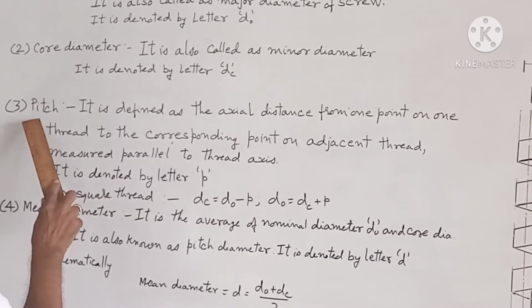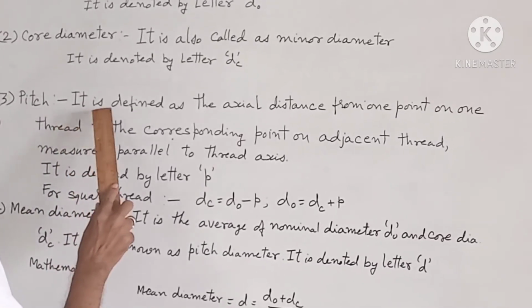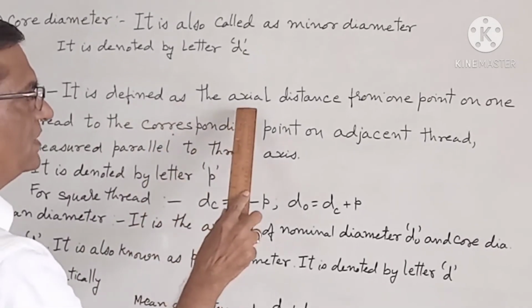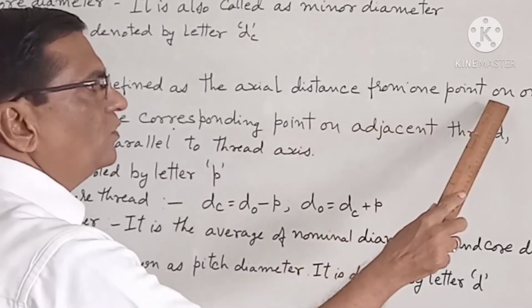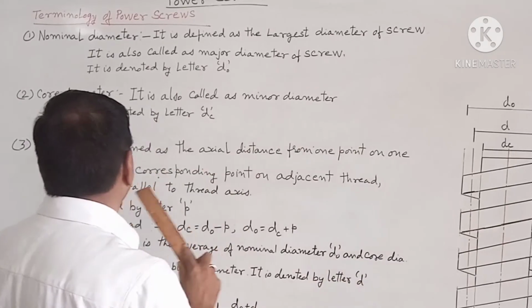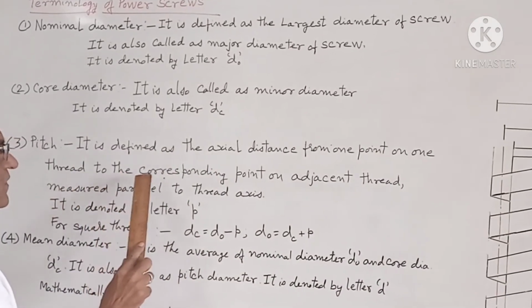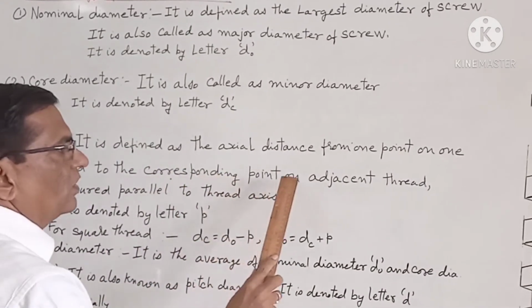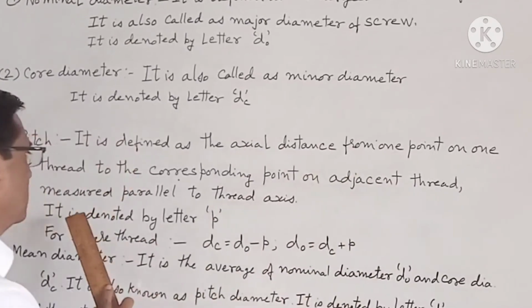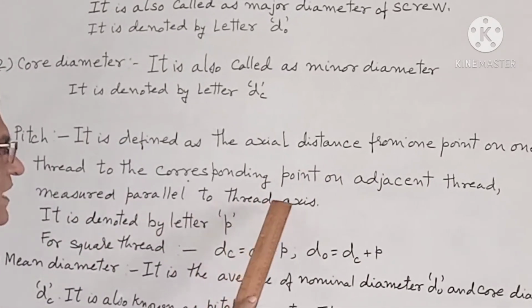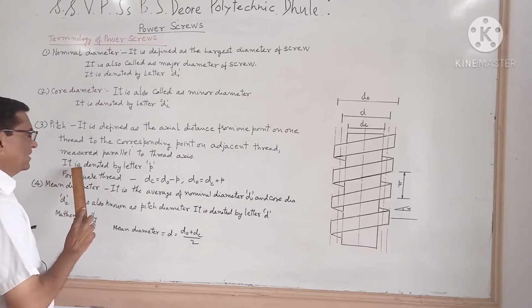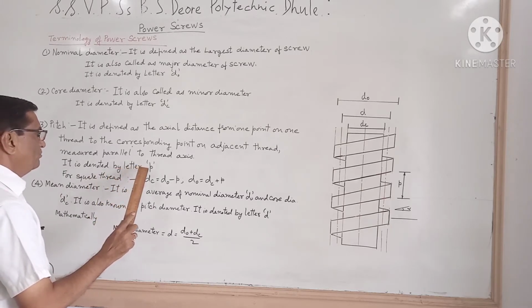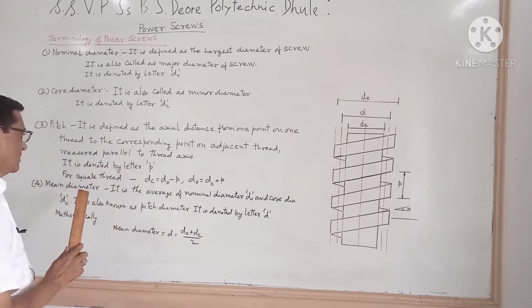Next is pitch. It is defined as the axial distance from one point on one thread to the corresponding point on the adjacent thread, measured parallel to the thread axis. It is denoted by letter P, small p.